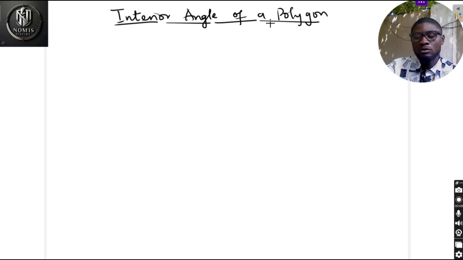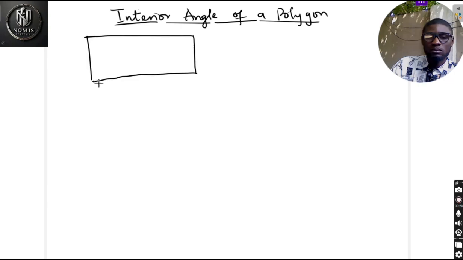Interior angle of a polygon. I said the interior angle of a polygon is the angle formed by two adjacent sides of the polygon inside the polygon. Let's take this as a polygon. So if this is a polygon, there is an angle formed inside the polygon.